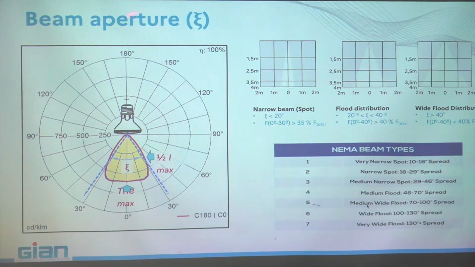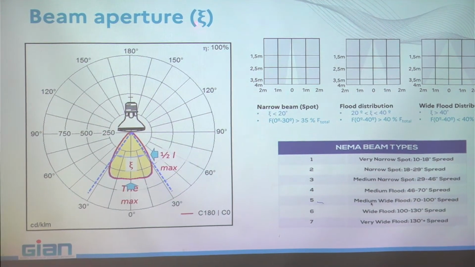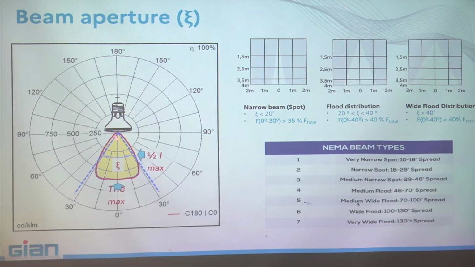A parameter which is also very interesting to understand is the beam aperture. You have here the photometric file for this lamp, and if you put a point here, the center of the lamp, and you say that the maximum intensity is here, then I am looking for the point at half of the maximum intensity.